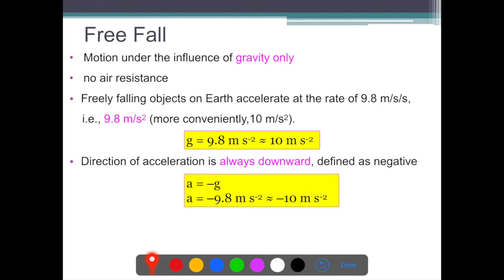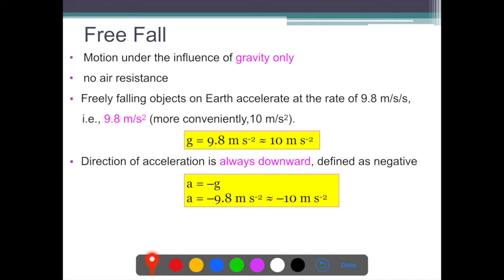So in free fall, the objects have a constant acceleration, it's the same, and the objects fall at the rate of 9.8 meters per second every second, or that's 9.8 meters per second squared on the surface of the Earth. Sometimes it's convenient to use 10 meters per second squared instead of 9.8 meters per second squared.